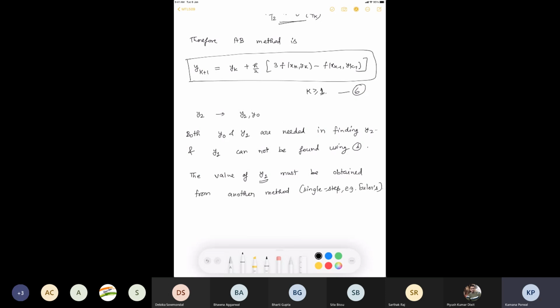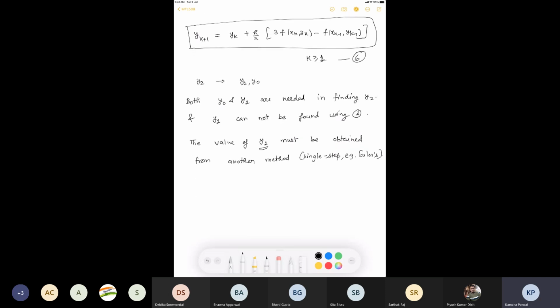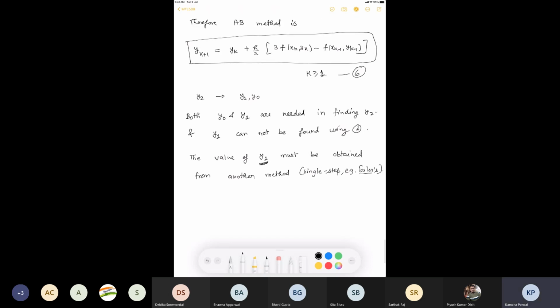So if you want the global error to be of order h square for this method, you have to compute y1 also using a method which gives global error of order h square. Suppose you use Euler's explicit method, we know that the global error converges with order h only, right? Then you cannot expect that, because you are spoiling things at the start itself. So this will spoil things further as well.